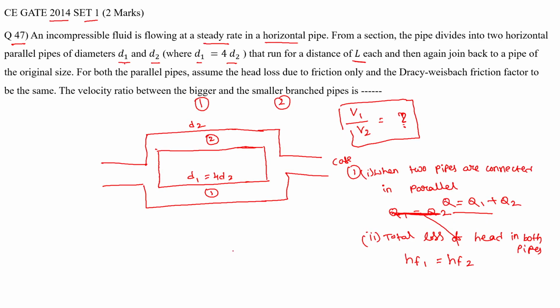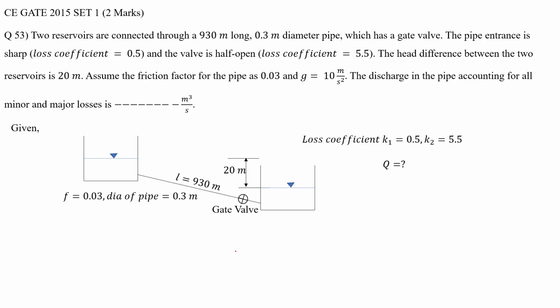Now let's write the formulas again. This is a schematic diagram I have drawn more neatly. This is reservoir 1, this is reservoir 2, the length of the pipe is 930 meters, the difference in the reservoir levels is 20 meters, f is 0.03, and the diameter of the pipe is 0.3 meters.